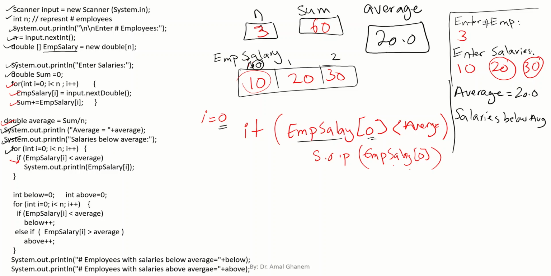So this is location 0 and the salary is 10. So I will have here 10. Is it below the average? The average currently is 20. So I'm saying 10, is it less than 20? True. Then I'll have to do System.out, the name of the array at location 0. So go to the array, what is inside location 0, then do the output, and you will have the output here as 10.